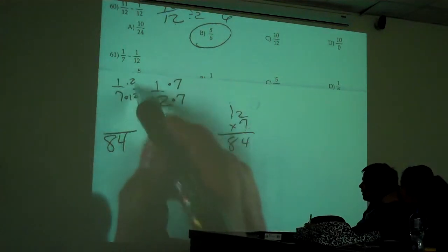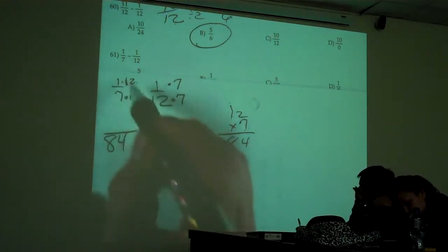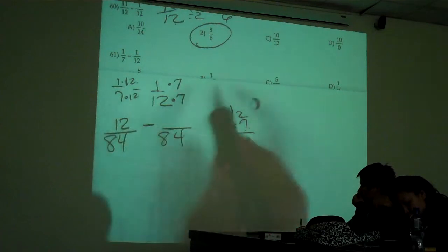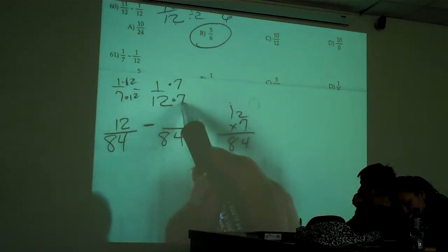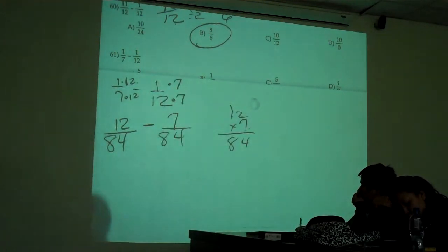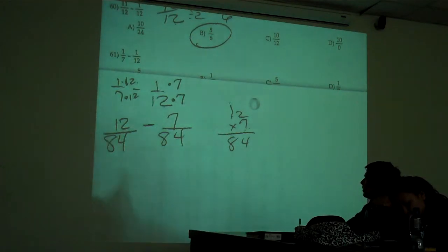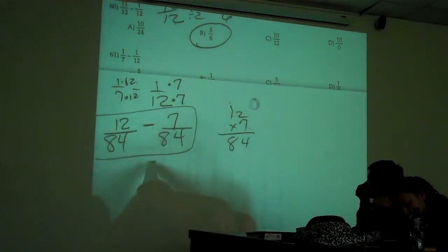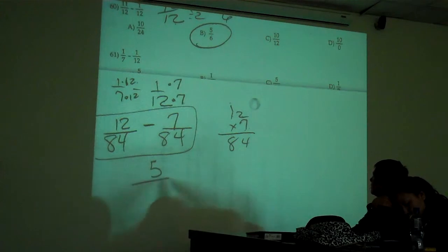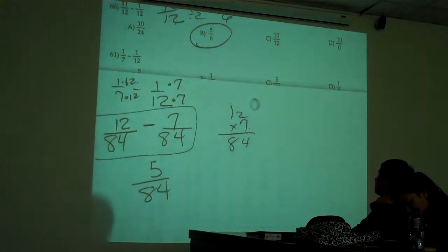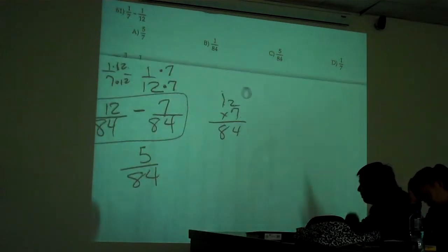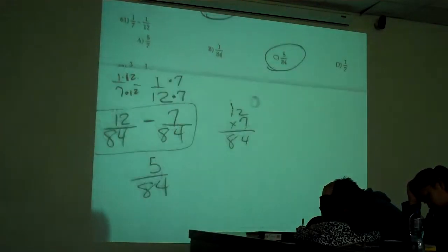So this one you're doing 1 times 12 is 12. 12 was times 7, so 1 times 7 is 7. 12 minus 7 is 5, and you leave the 84 on bottom. And that won't reduce. The bottom won't divide by 5. So you have 5/84.